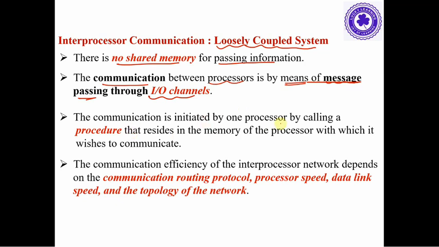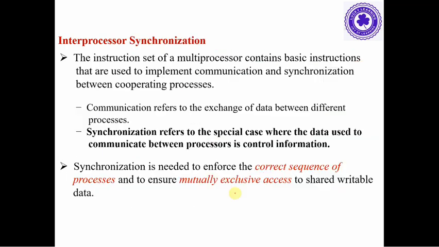The communication is initiated by one processor calling some procedure that resides in the memory of the processor with which it wishes to communicate. The communication efficiency of the interprocessor network depends on the communication routing protocol, processor speed, data link speed, and the topology of the network.